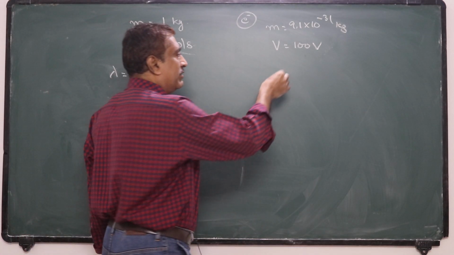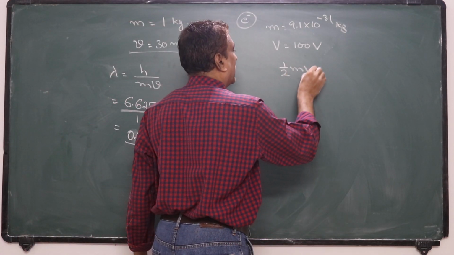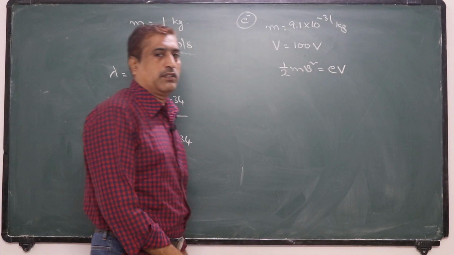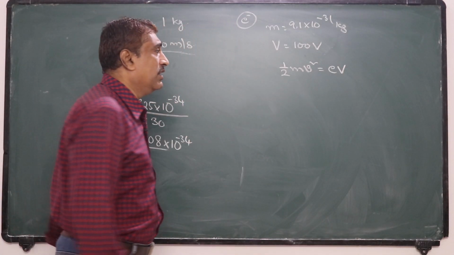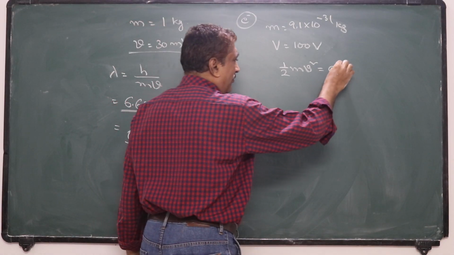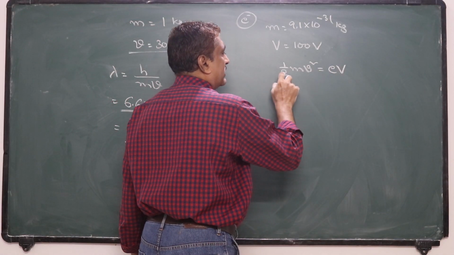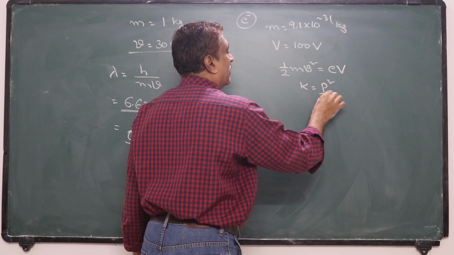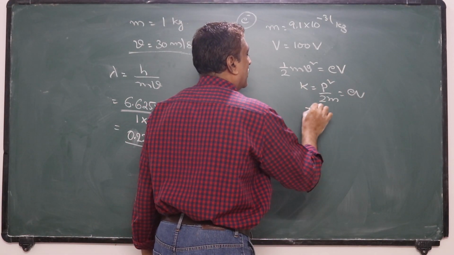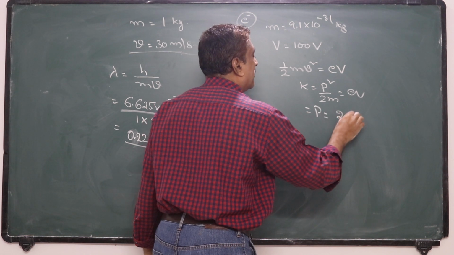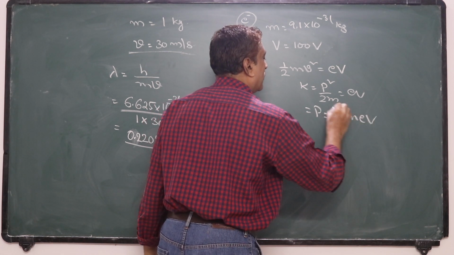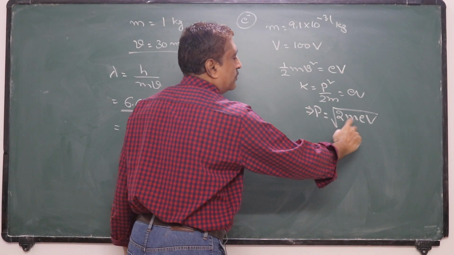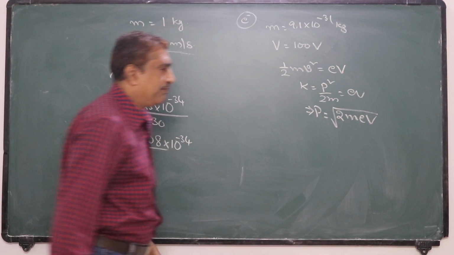Then the kinetic energy of the electron equals the applied potential into the electron charge. Kinetic energy is half mv square, which is p square by 2m, equal to eV. So the momentum of the electron is p equals the square root of 2m into eV.